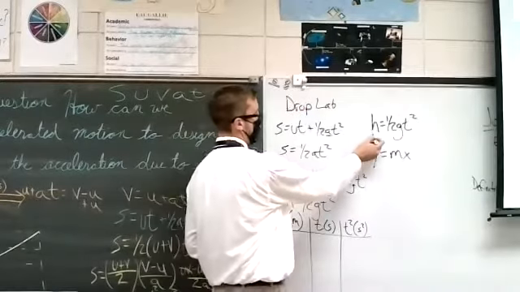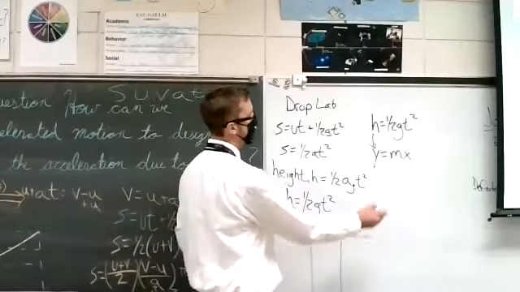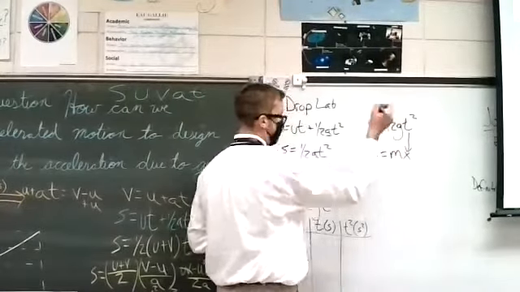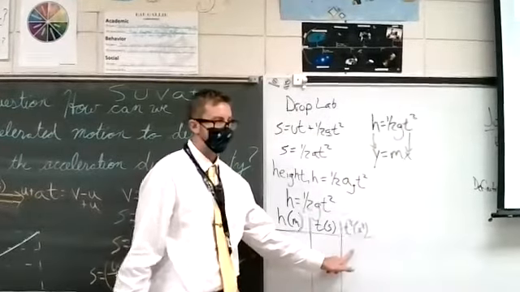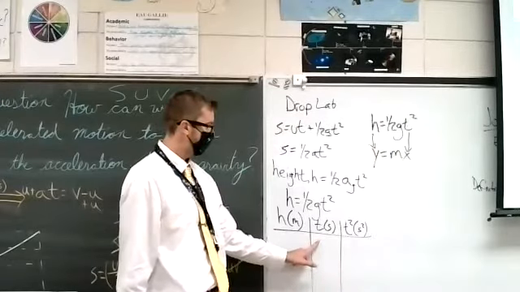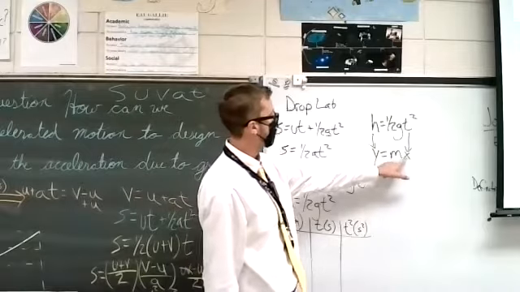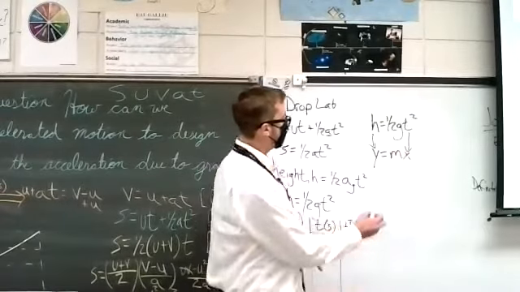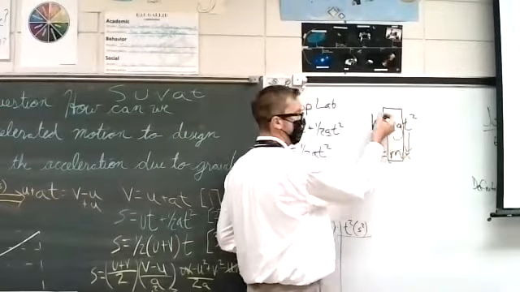I could plot all my heights on the y-axis, the vertical axis. I could plot all of my time squared values, calculated values, right? I can't measure time squared directly. I can measure time, and I can square it in my calculator, right? And plot these numbers on the x-axis. And then the slope of my best fit line should be equal to 1/2 g.